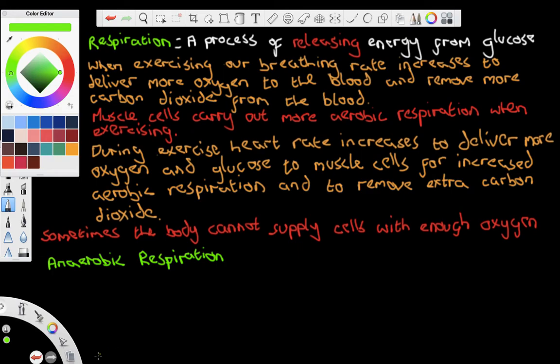Now, anaerobic respiration is respiration without the use of oxygen.